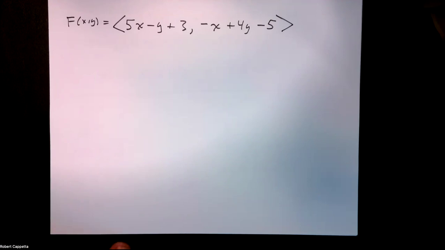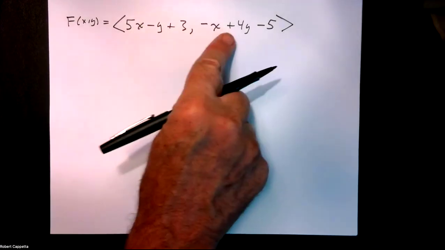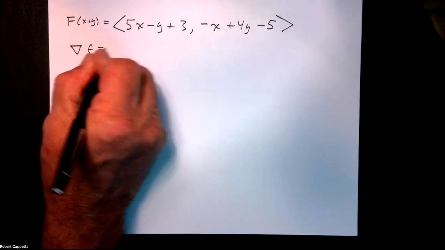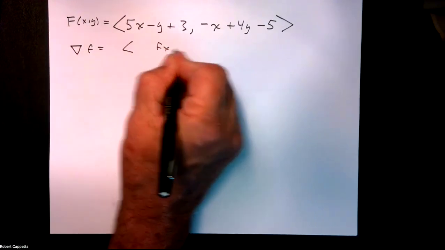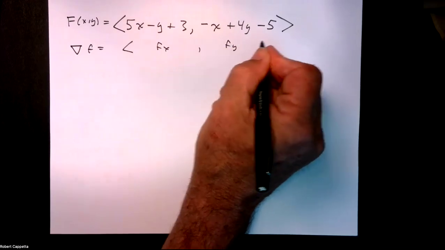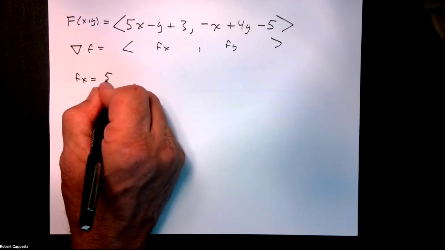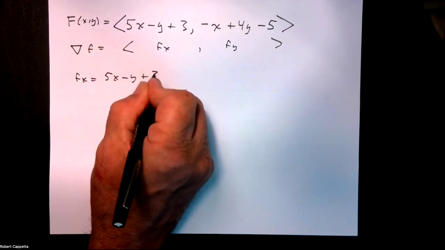There is my vector field. I want this first piece to be f sub x. I want the second piece to be f sub y. So if that's the case, we're going to say that f sub x has to equal 5x minus y plus 3.